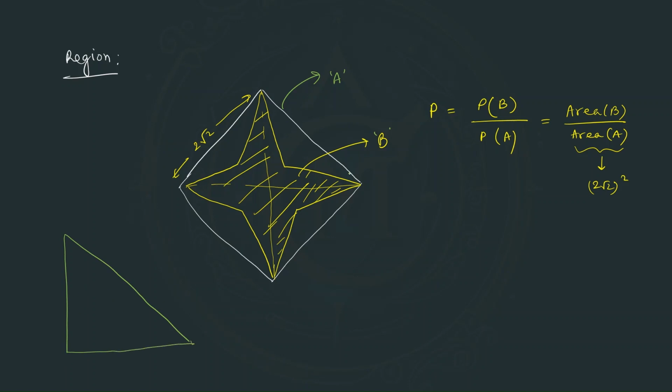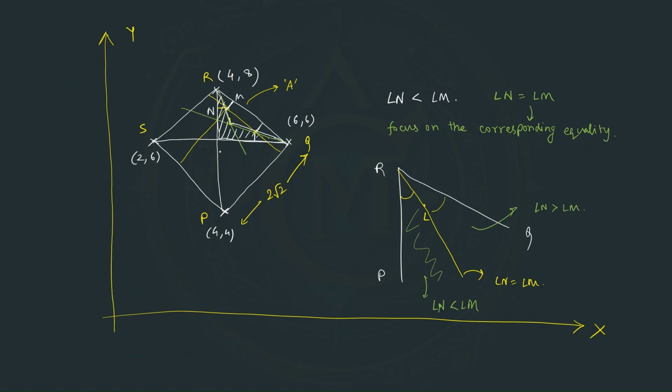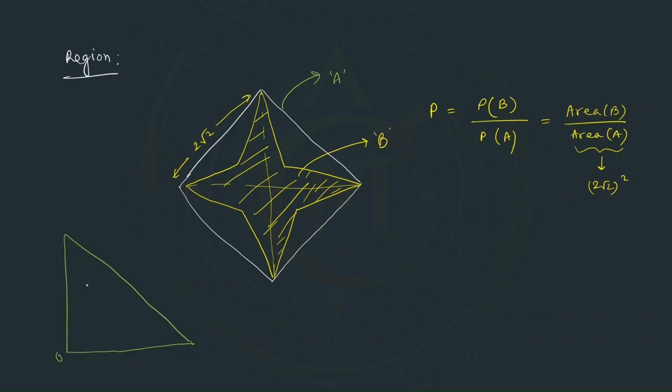So if we name the vertices, it will be R and Q. And let's say this point is O. So O, R and Q. Here this is our angle bisector and this is our angle bisector. They intersect at this point. Now this angle is the same as this and this angle is the same as this.